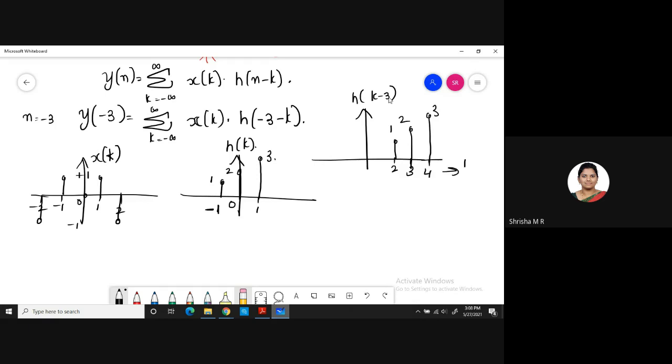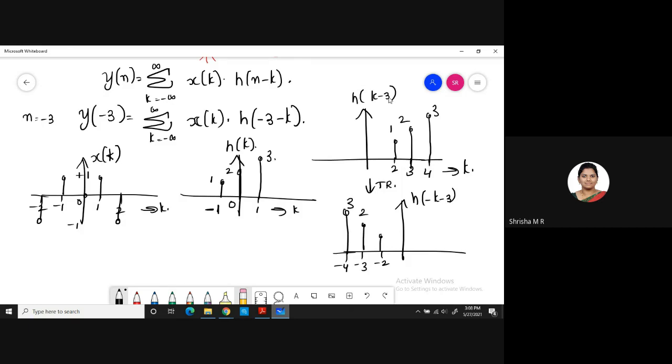Got it? Now you time reverse that. Take the time reversal of this, you will get h of minus k minus 3. So time reversal or reflection means your signal will be present from -4 to -2. At -4 you have 3, at -3 you have 2, and at -2 you have 1.